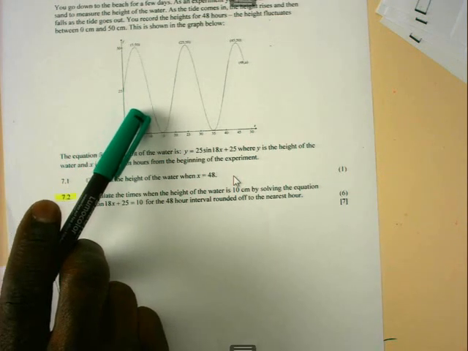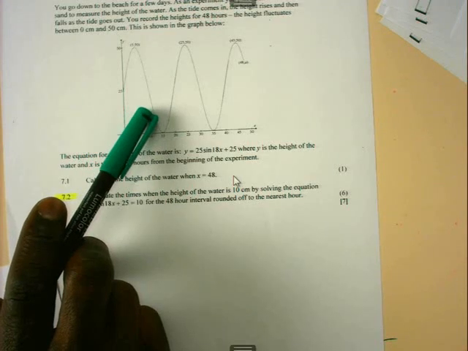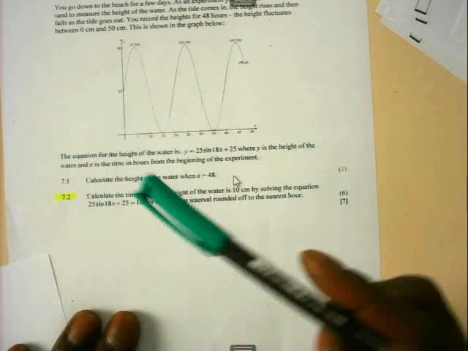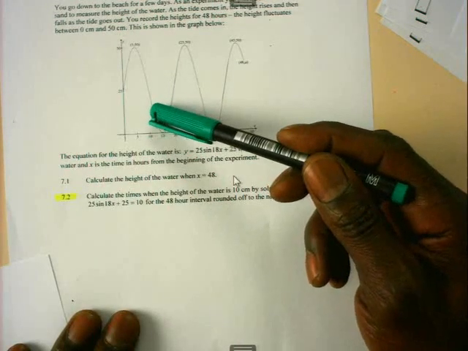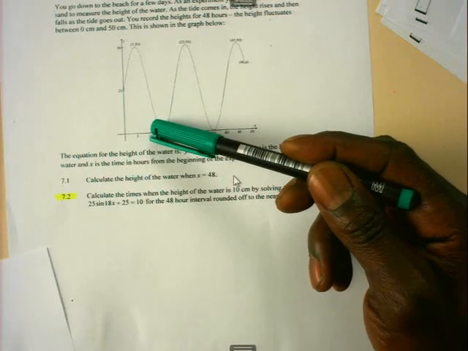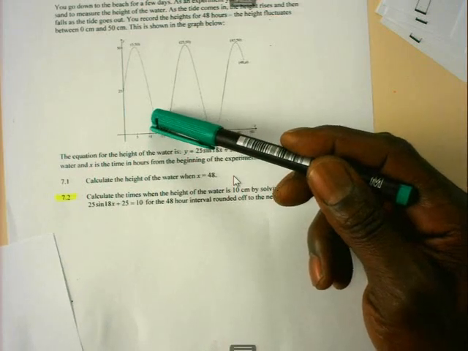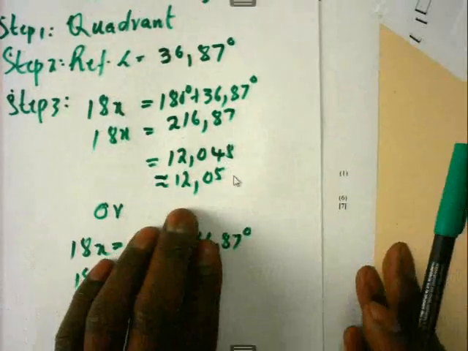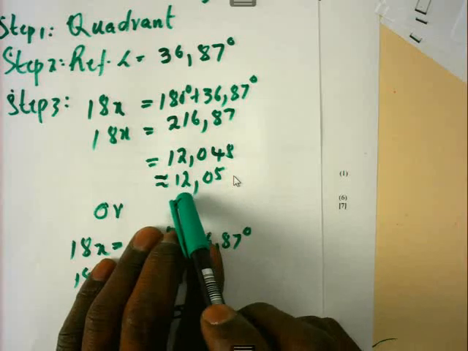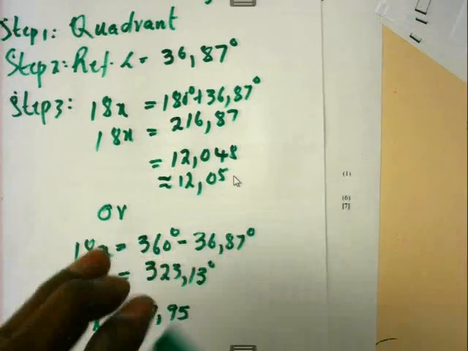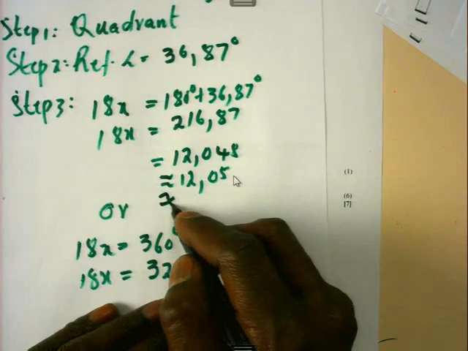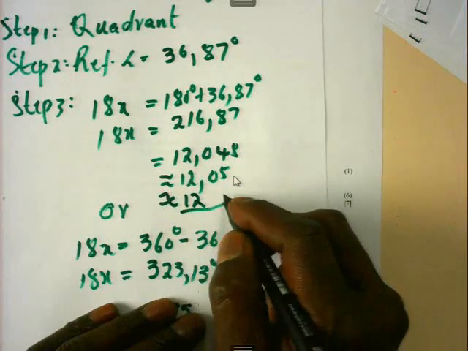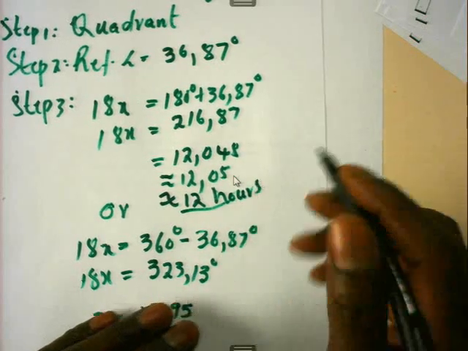Now, if we move along here and come to this graph here, we look at that point there, we look down there. This value must just be more than 10 hours, and our answer here really agrees with us that the answer is 12.05, which to the nearest hour will be 12 hours.